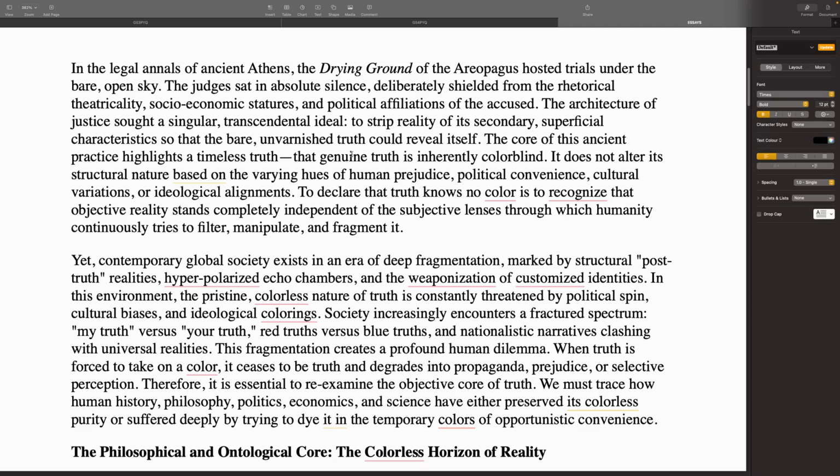The core of this ancient practice highlights a timeless truth that genuine truth is inherently colorblind. It does not alter its structural nature based on the varying hues of human prejudice, political convenience, cultural variation, or ideological alignments. To declare that truth knows no color is to recognize that objective reality stands completely independent of the subjective lenses through which humanity continuously tries to filter, manipulate, and fragment it.